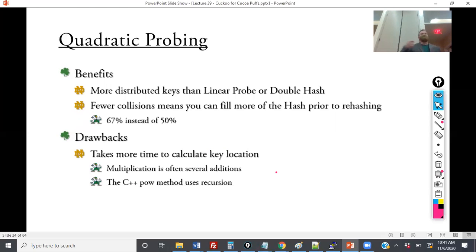However, it can take a little more time to calculate. For those of you taking logic design and computer architecture, you're basically performing several additions to get a multiplication, right? So using the quadratic and using multiplications there can degrade performance.